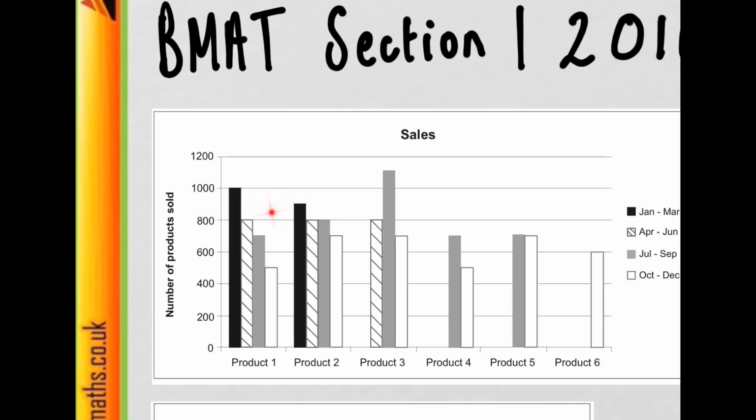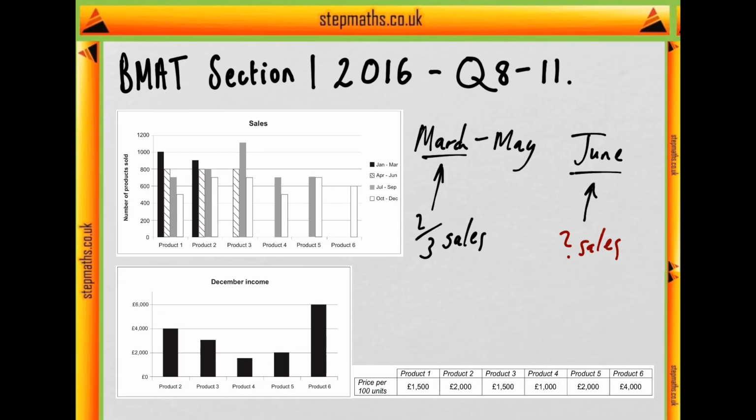So 900 is roughly what March sold of product 2. So 2/3 of the sales in March is actually equivalent to 900 sales. So what is 900 2/3 of? So 900 over 2 times 3 would help work that out.